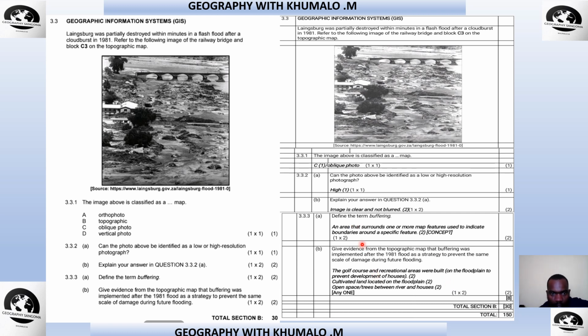You can see this clearly on the topographic map. Another thing is cultivated lands located on the floodplain, and there's open space or trees between rivers and houses. That was question 3.3 based on Geographical Information Systems of paper 1 trial examination 2023.